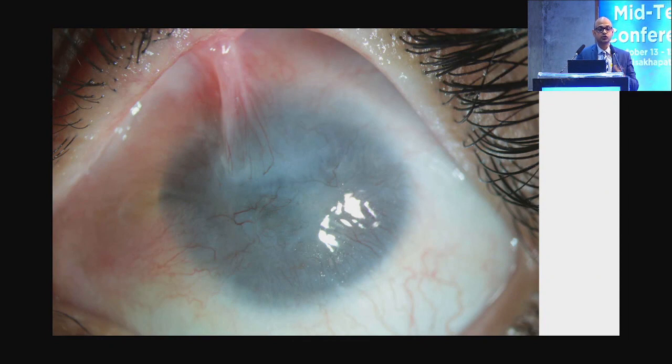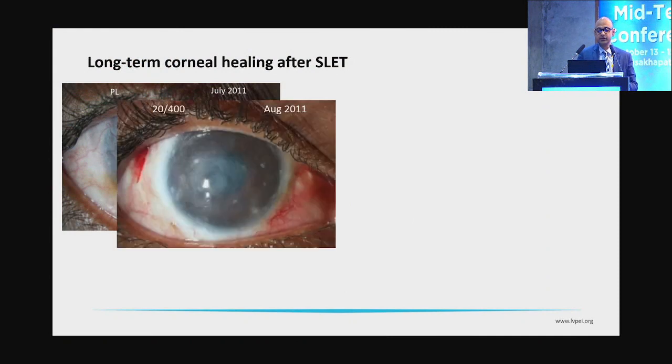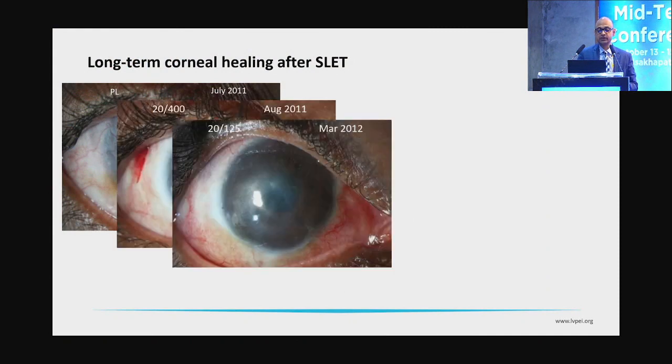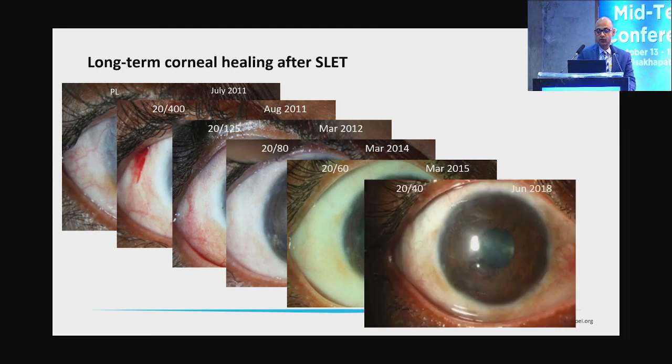This is how the eye looks preoperatively, completely covered with vascular tissue, with symblepharon, etc. And this is the same eye after surgery post-SLET. The recovery usually happens with clearing of the cornea, and sometimes there is clearing of the corneal stroma as well over time.